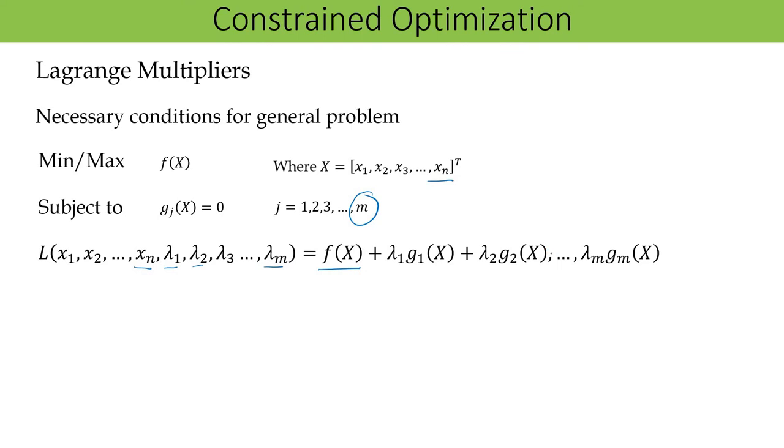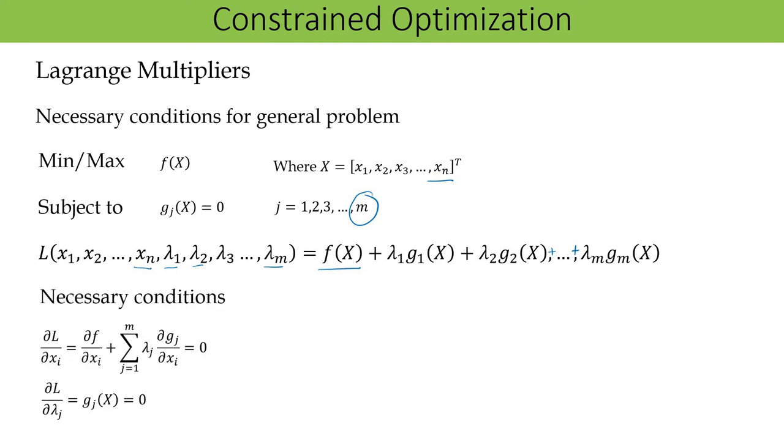So you are basically adding all these constraint functions. What is the necessary condition? The partial derivative with respect to each of the variables should be equal to 0.